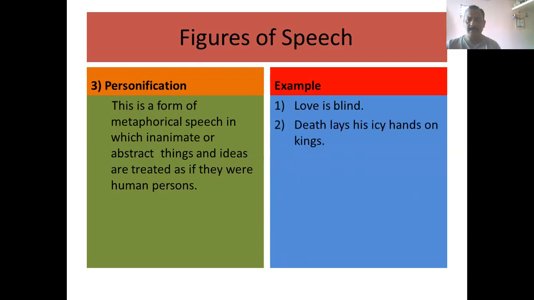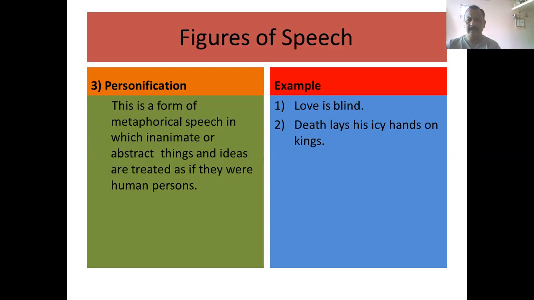Then the second example, death laid his icy hands on kings. Here death is abstract or that kind of inanimate thing. We cannot see it with our eyes, we cannot touch it, or perceive it by our senses.